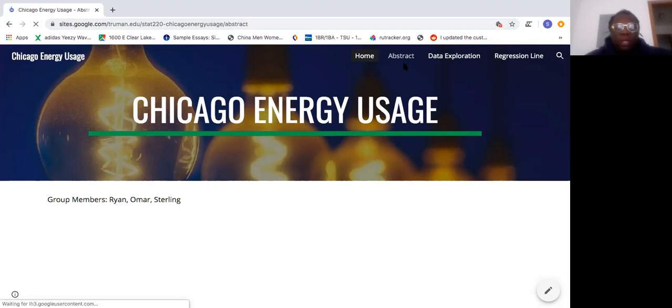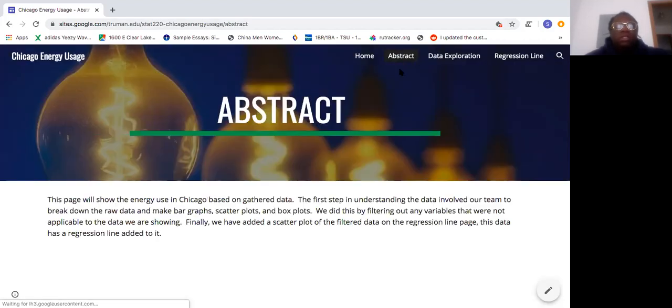So I give you the abstract, which is the page for our website for understanding the data involved. Our team broke down the raw data, making bar graphs, scatter plots, and box plots.